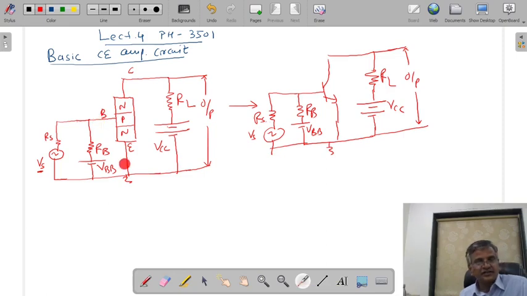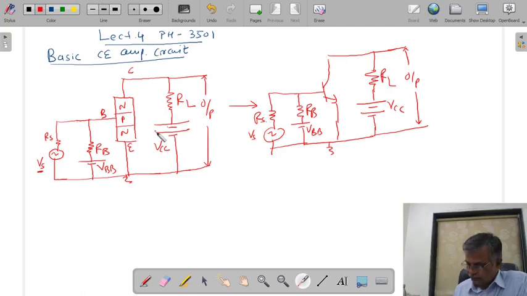Base emitter junction should be in forward bias and collector base junction should be in reverse bias if you want to operate the transistor as an amplifier. Remember.